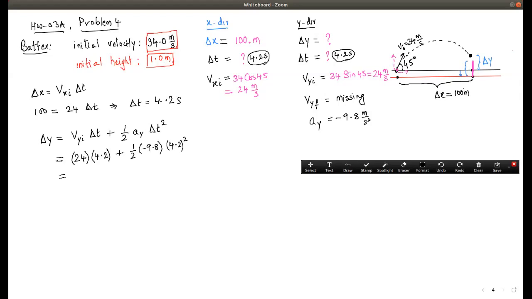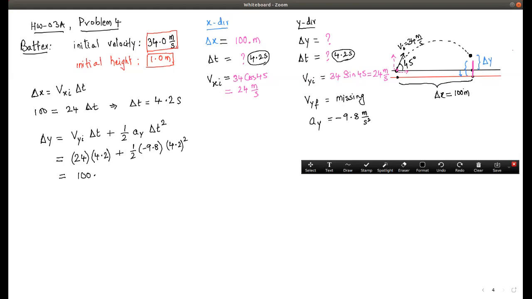So let me put these two numbers separately so that we know whether it is positive or negative. 24 times 4.2, that's 100.8. Let me write that explicitly.